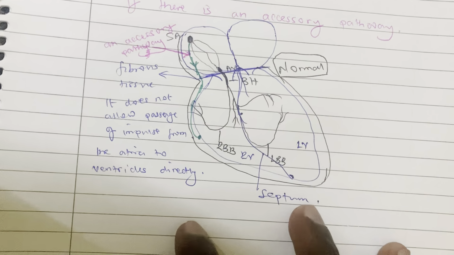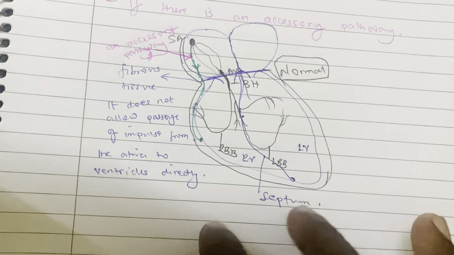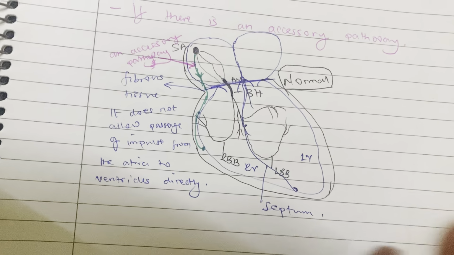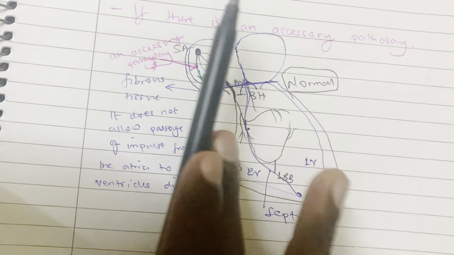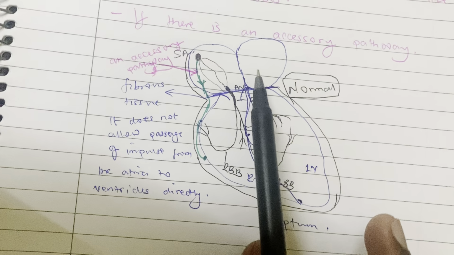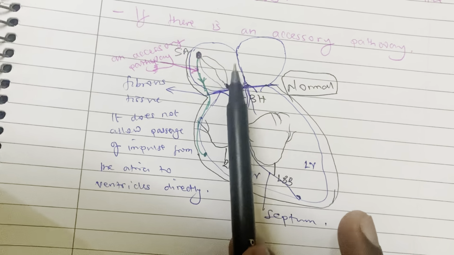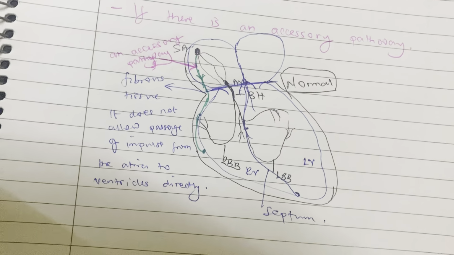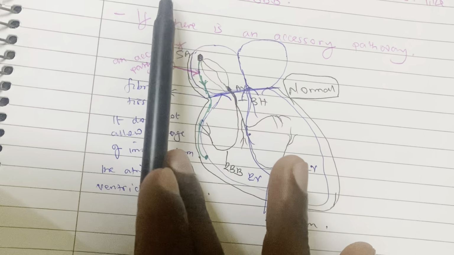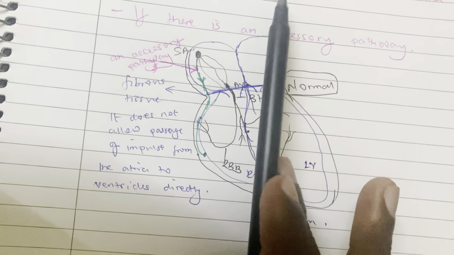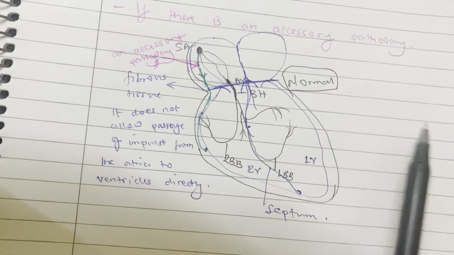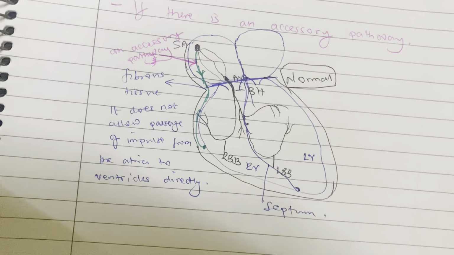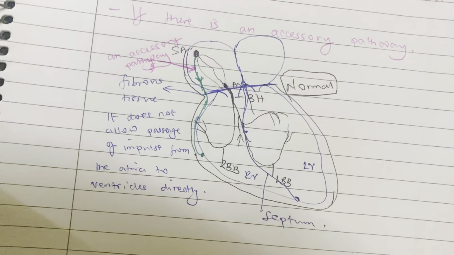But for now, it is like that. So, impulses from the supraventricular side, that is the atria, can produce wide complexes if there is RBB or LBB, or if there is an accessory pathway. Those two are enough for now.